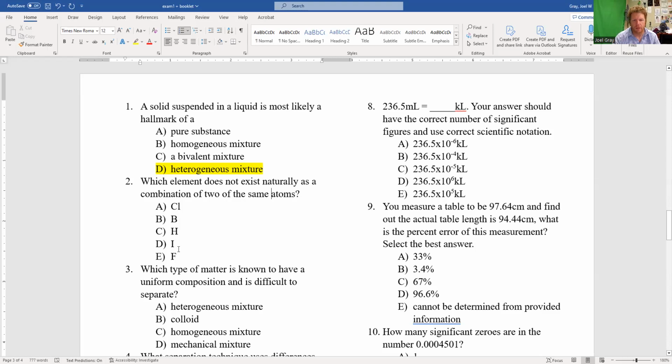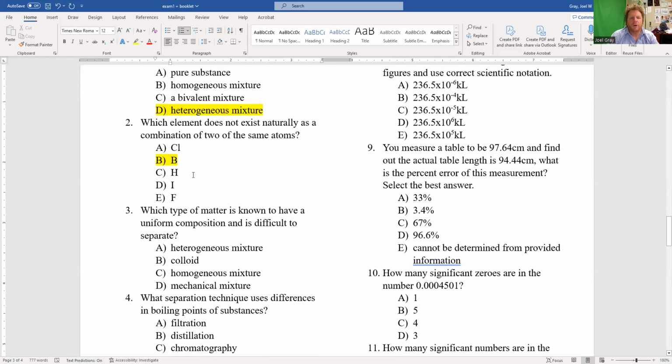H2, yes. I2, yes. F2, yes. Are diatomic elements, HONClBrIF is the mnemonic that I use. And so our correct answer does not exist as a combination of two of the same thing is going to be answer option B, which is the element boron.